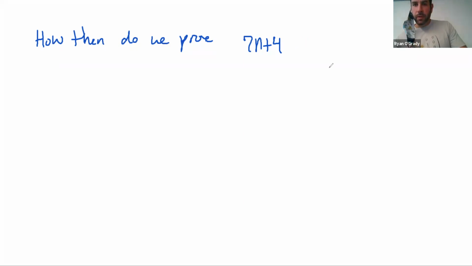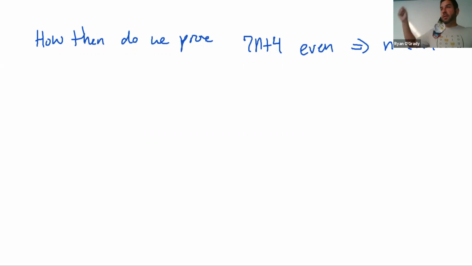How do we prove 7n plus 4 even implies n even? So we might try to do the same reasoning. We might try to assume that 7n plus 4 is 2 times something, and then reason that n is 2 times something. So let's try that.